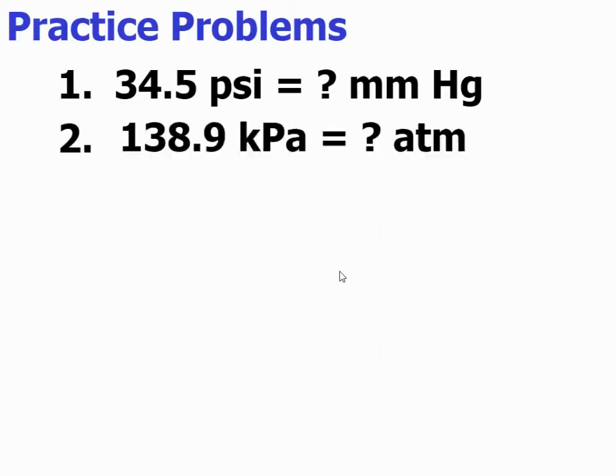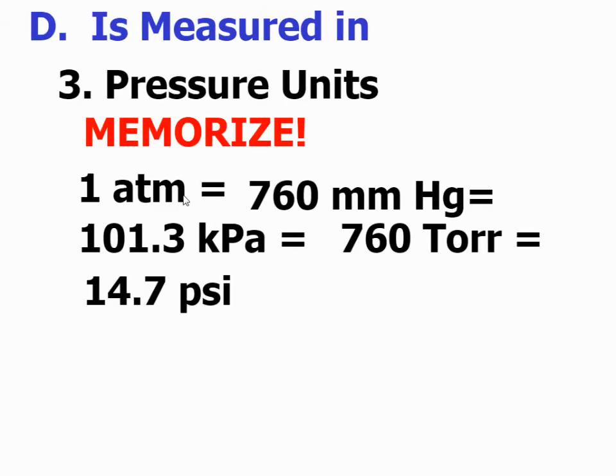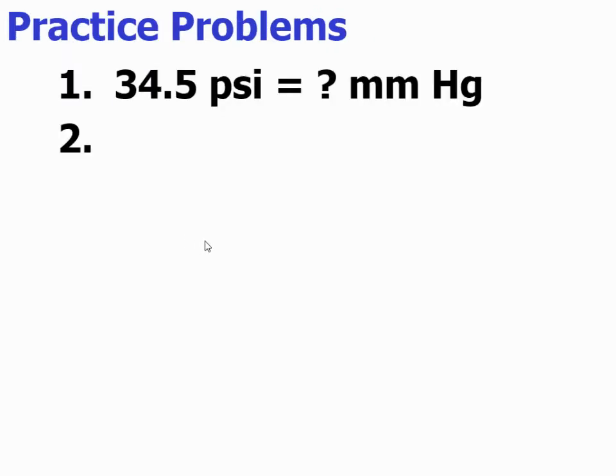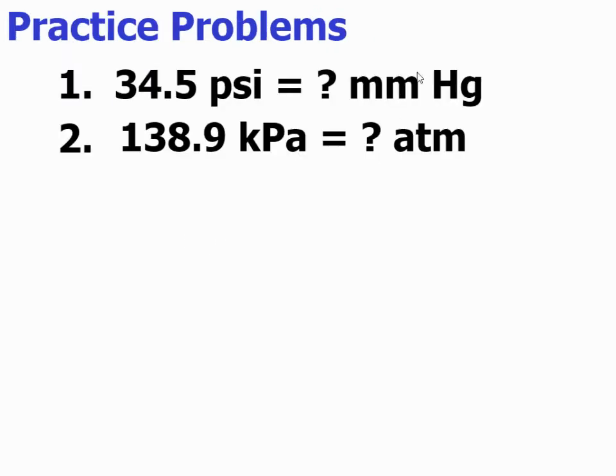To find how many atmospheres this particular amount of pascals is, we divide this number by this number, and that gives us how many atmospheres we have.